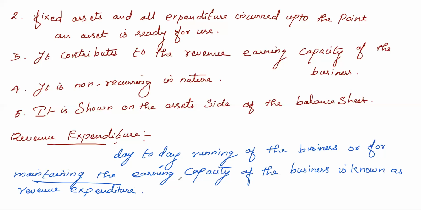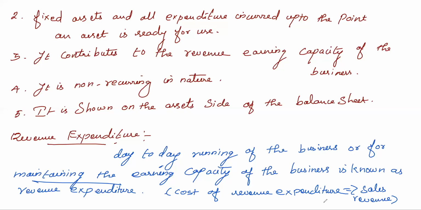For example, cost of purchase is a revenue expenditure related to sales revenue. The rent and the salaries are related to the particular accounting period.